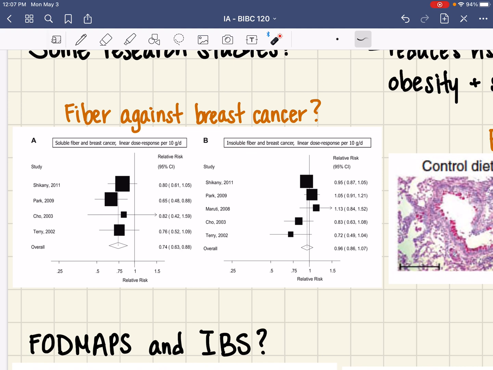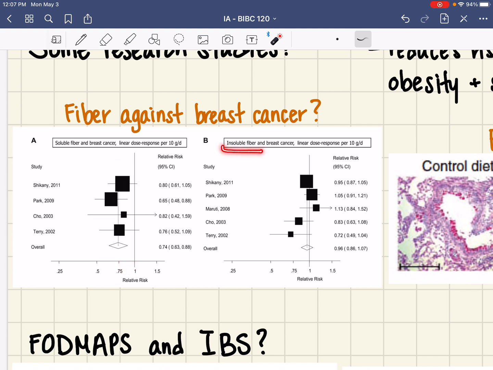According to these studies, it was shown that consuming soluble fiber reduced the relative risk, because you can see that the relative risk is at 0.75, so it has been reduced.